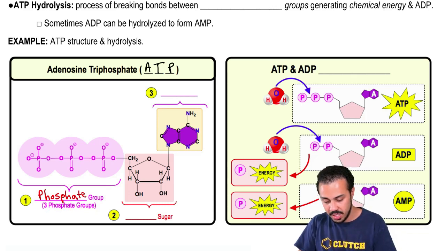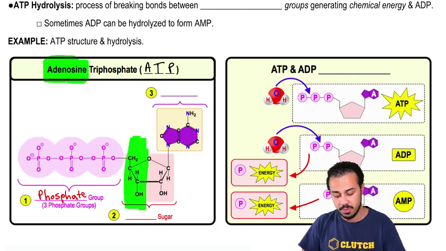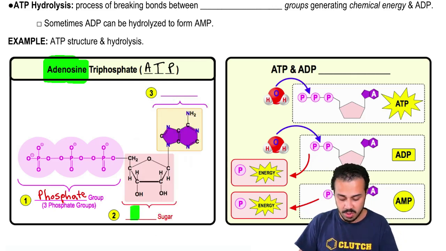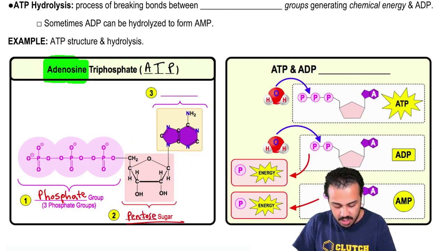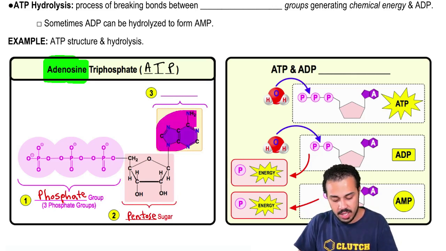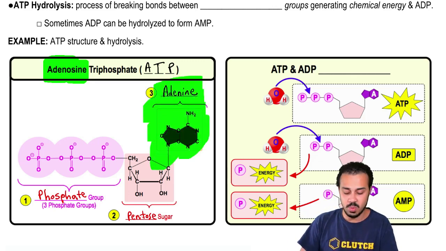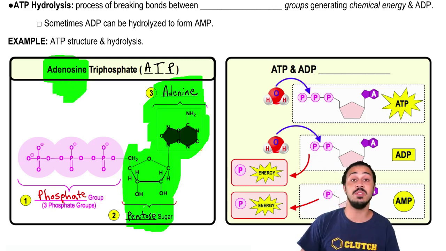And then the adenosine portion of ATP is actually referring to both this sugar as well as this nitrogenous base. And so you can see that there is a pentose sugar here, which is this portion right here. And there's also a nitrogenous base right here, which is actually the nitrogenous base of adenine. And so together, the adenine nitrogenous base as well as the pentose sugar here make up the adenosine portion of ATP.